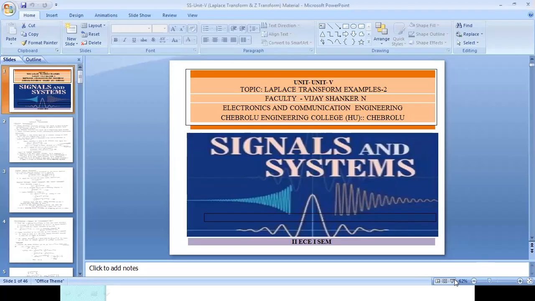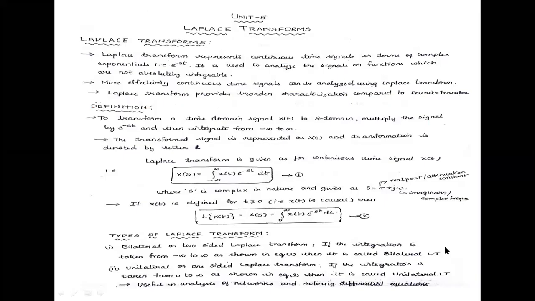Now, another example you can see. We already saw how to calculate the Laplace transform and ROC of e power minus at u of t, which is 1 by s plus a, and the ROC is s greater than minus a.